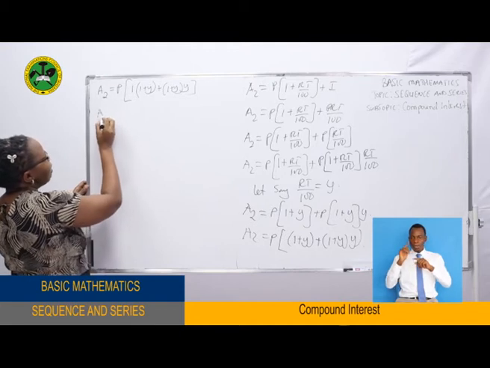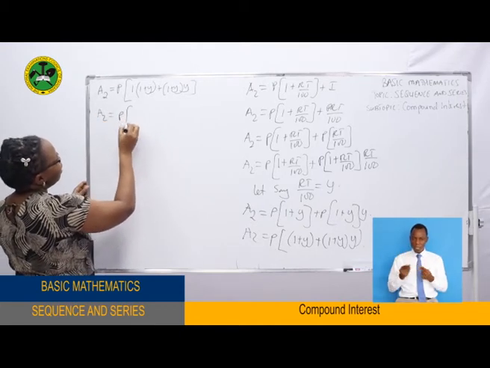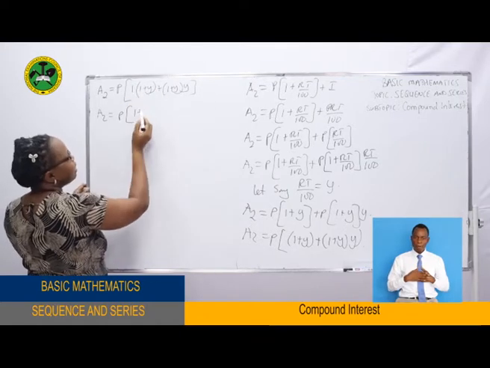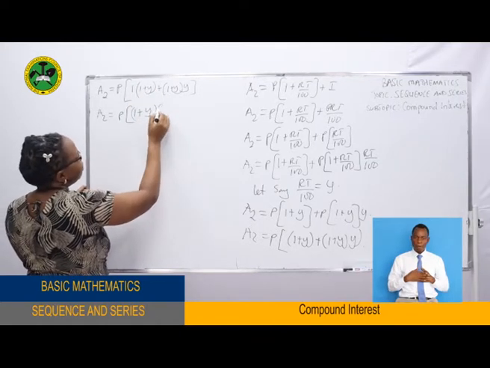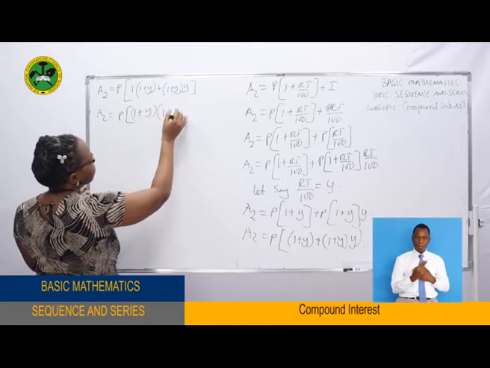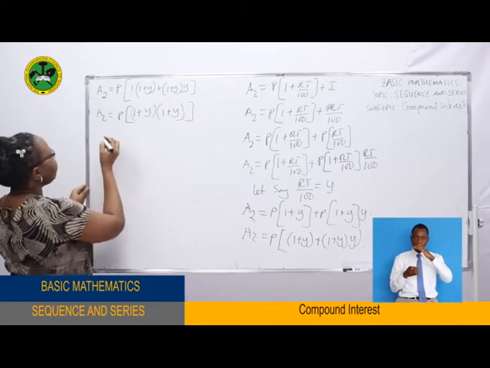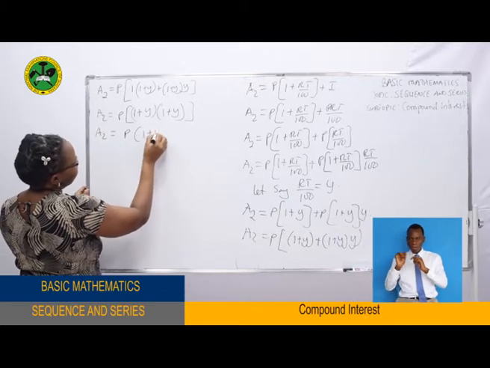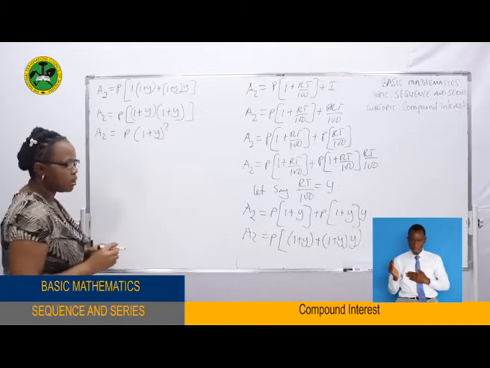That will be amount in second year equals P(1 + Y), we take those outside the bracket, 1 plus Y, then the single from those inside the bracket, 1 plus Y. Then amount in second year is equal to principal times (1 + Y) squared.